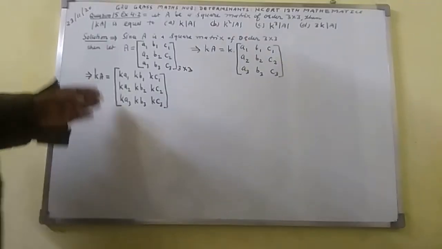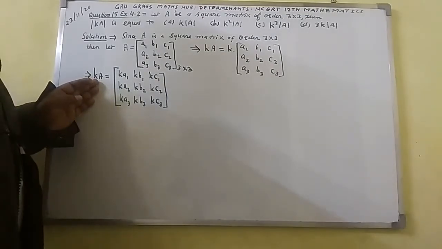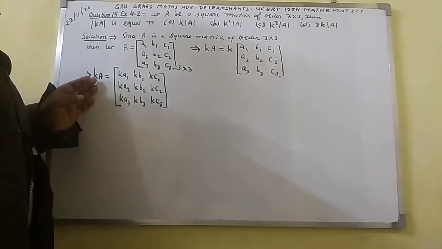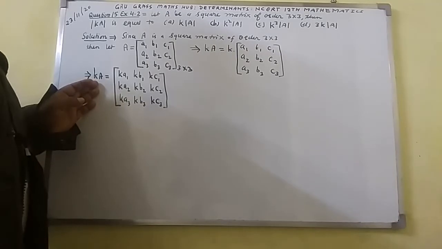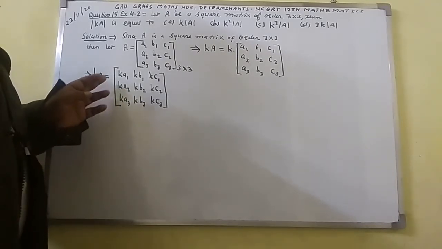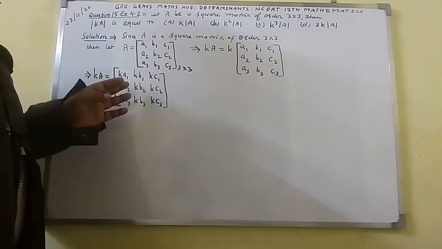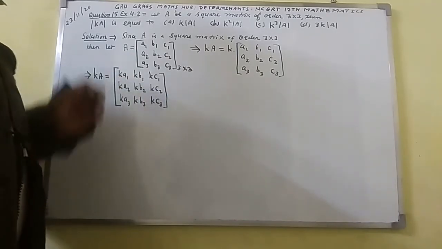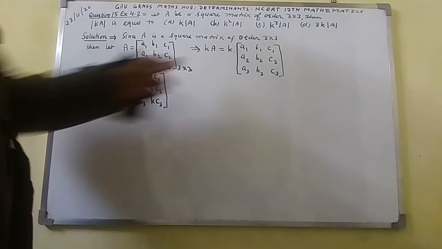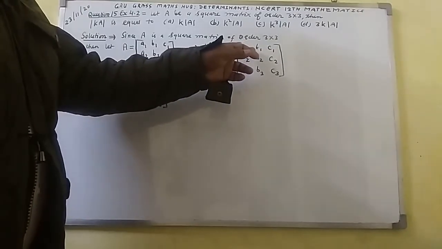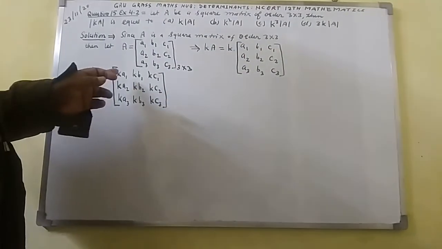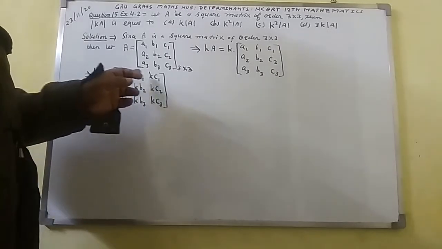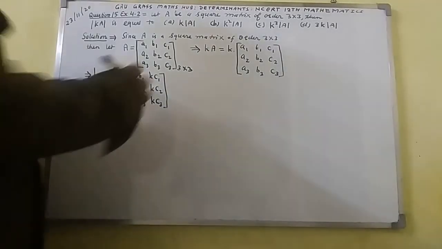If you multiply the scalar small k to the square matrix capital A, you will get the matrix like this. Each element of the matrix A gets multiplied by scalar k.